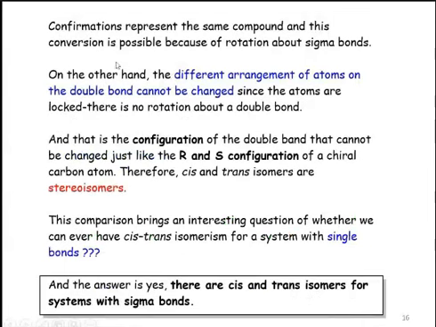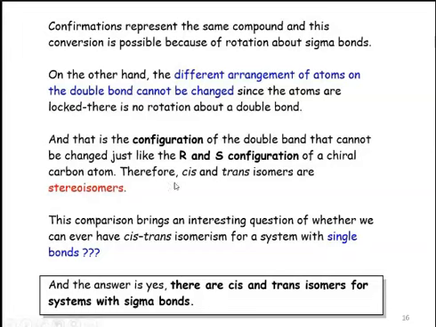These conformations represent the same compound, and the conversion is possible because of free rotation about sigma bonds. On the other hand, the different arrangement of atoms on the double bond cannot be changed since the atoms are locked due to the double bond. There is no free rotation about a double bond. And that configuration of the double bond cannot be changed, just like the R and S configuration of a chiral carbon atom.